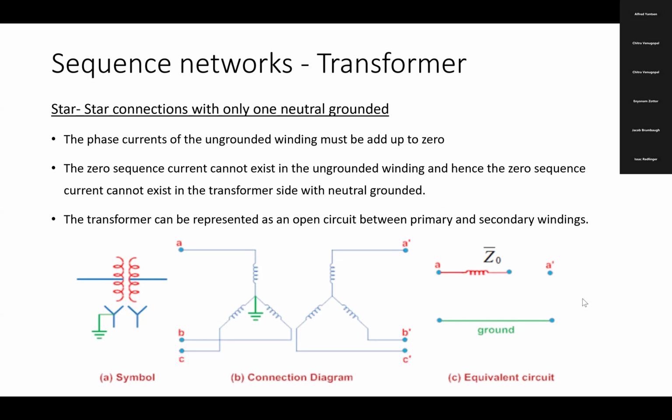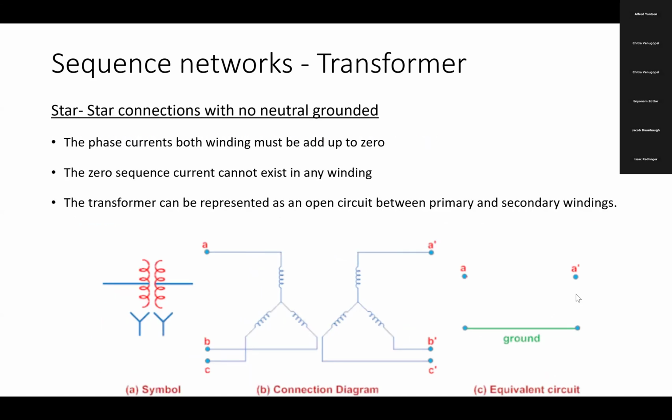So leave that terminal open. Making sense? Right. Now the next combination is no neutral at all. Primary, secondary, no neutral. So no ground connection comes in between. Just leave it open.